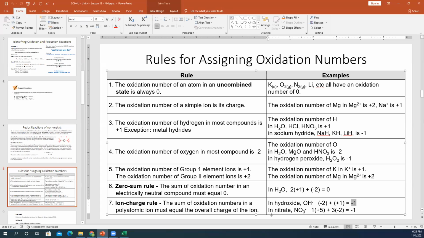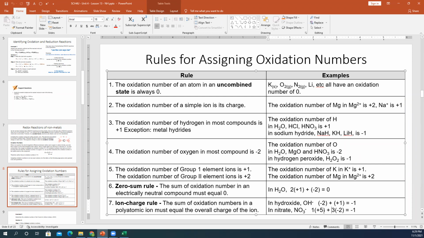And just finishing this example with the nitrate ion, this nitrate ion has an overall charge of -1. So knowing that we have to end up with a charge of -1, and we see that we have 3 oxygens, oxygen has to have an oxidation number of -2. Since we have 3 of them, that's 3 times -2.